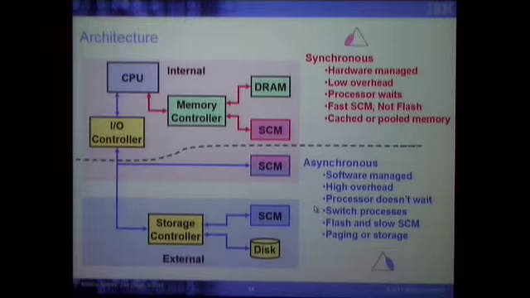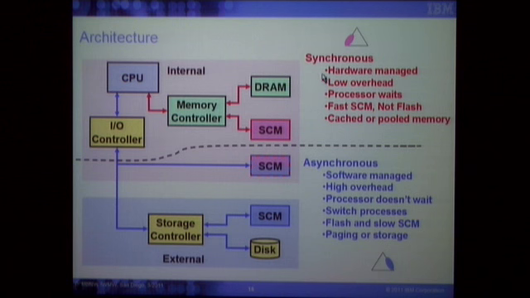Okay. So now come the discussions relating to how you hook up an SCM chip into the computer architecture. If you attach it to the memory controller, as shown here, this will be pretty much like the way you access DRAM. But you could still attach it to an I/O controller by itself or through a storage controller.